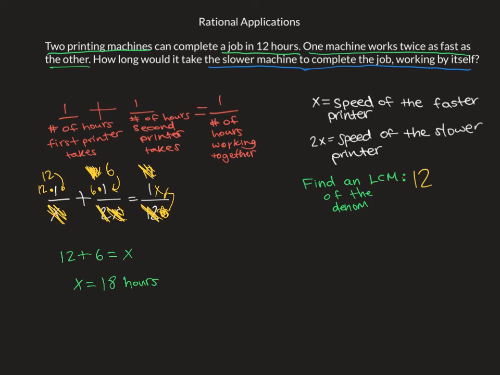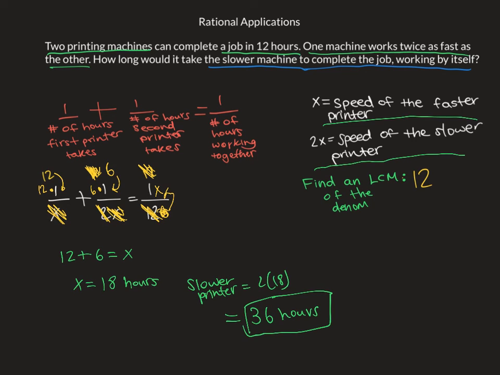If x is the faster printer, it takes the faster printer 18 hours, but we're asking for the slower printer. So the slower printer is equal to 2 times 18, which would be 36 hours.